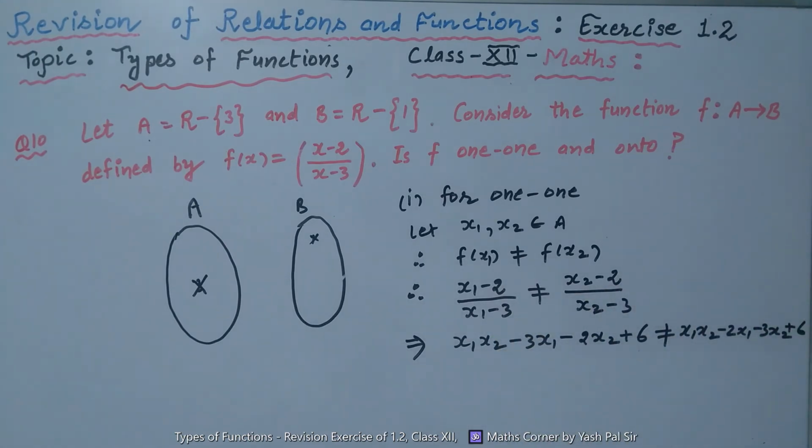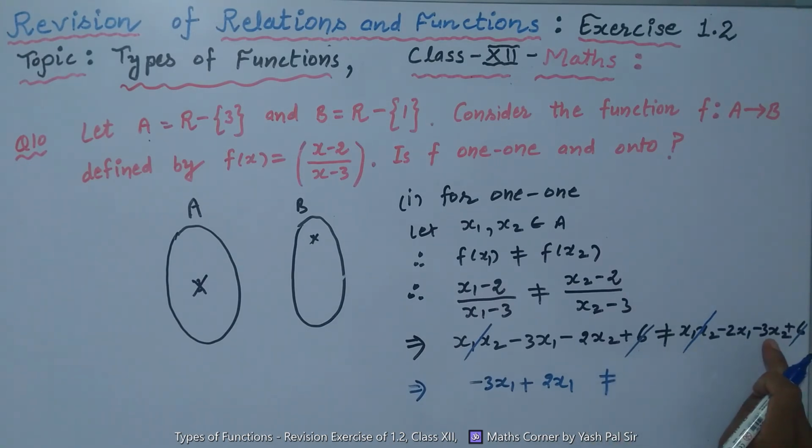So here x1 x2 cancelled, 6 cancelled. What we are left with: we take the x1 terms, minus 3x1 will come here, this will become plus 2x1, not equal to sign is there.